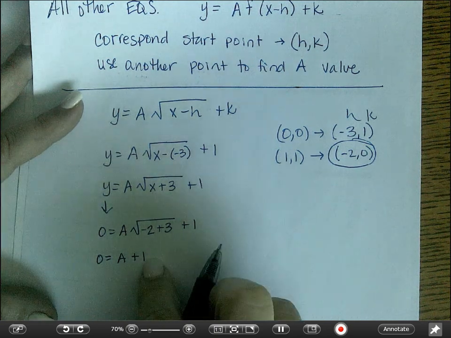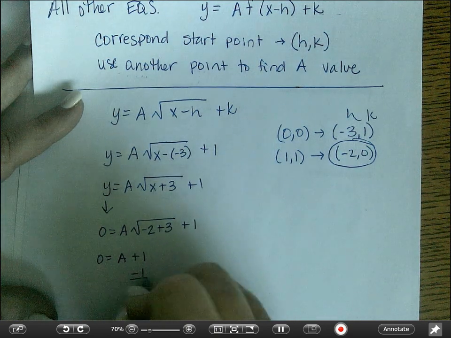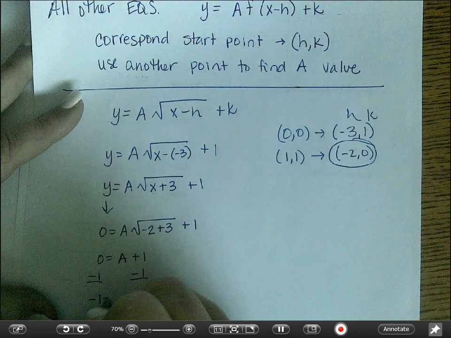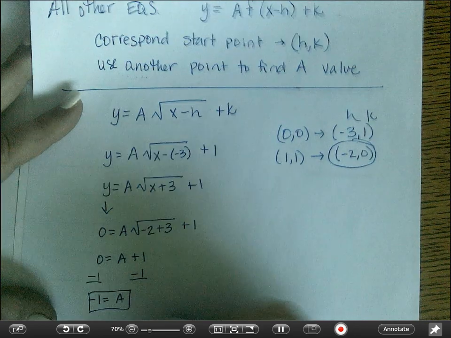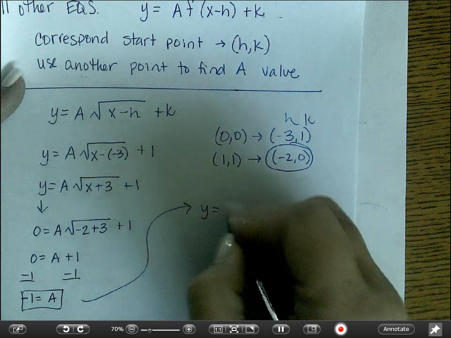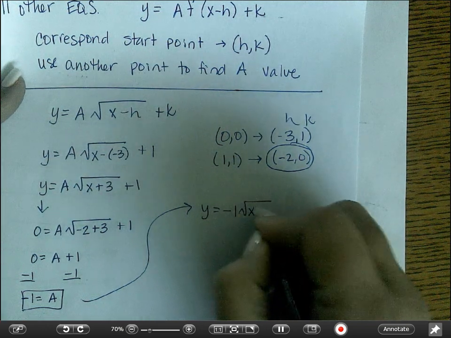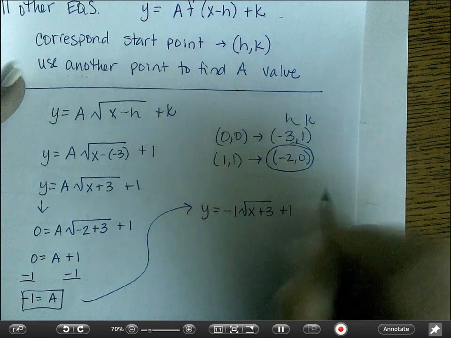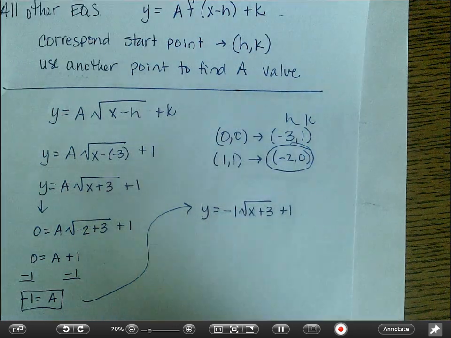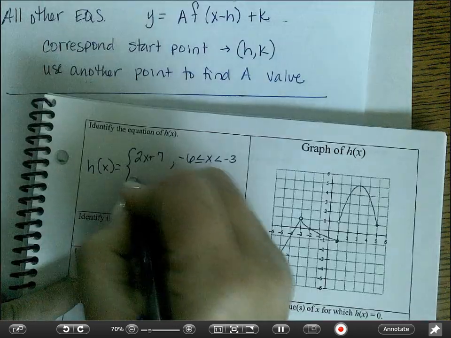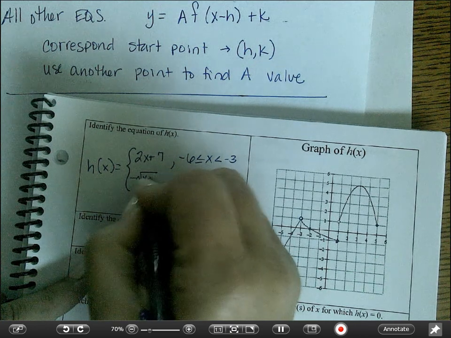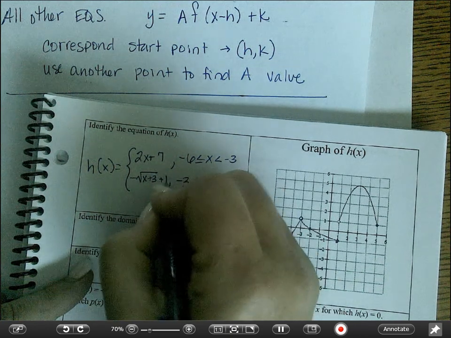And then I've got my plus 1. Subtract 1, and I've got negative 1 is equal to a. Therefore, my new equation is y equals negative 1 times the square root of x plus 3, plus 1. So that is negative the square root of x plus 3, plus 1.